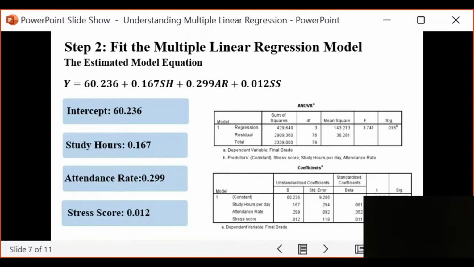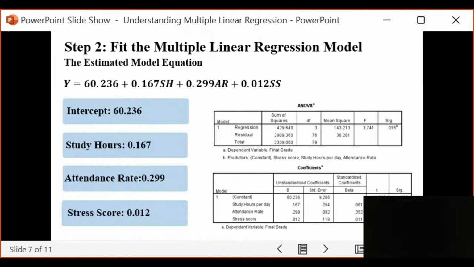Therefore, we can conclude that study hours and stress scores are not significant predictors of final grade. It's only the attendance rate na significant yung predictive power niya.